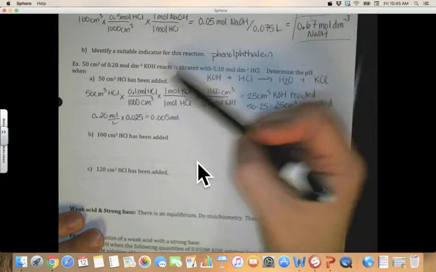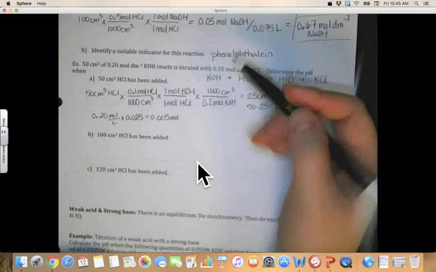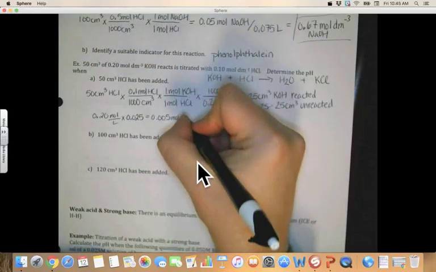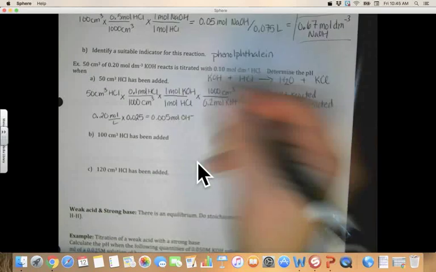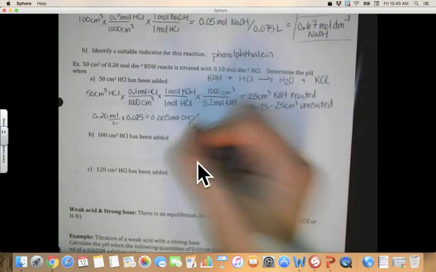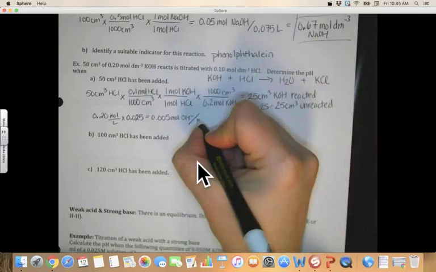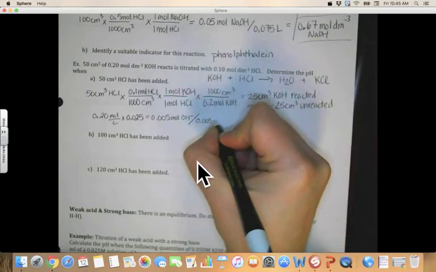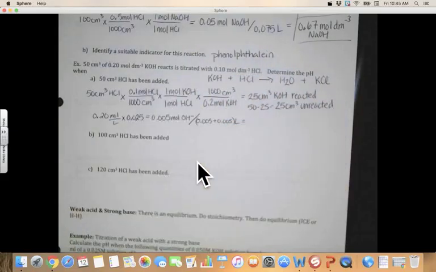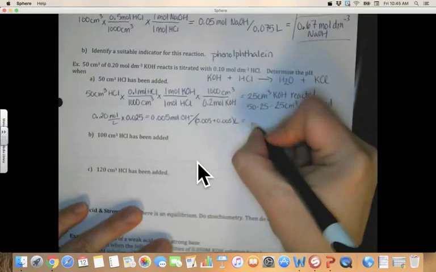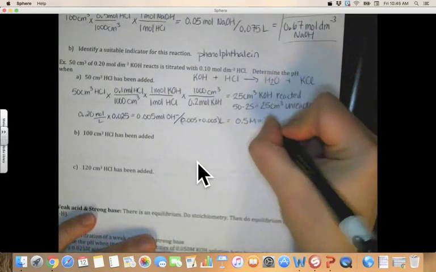Now, since this is a strong base and it's got 1 hydroxide per formula unit, that's also 0.005 moles of hydroxide. That's what we're really worried about here. And our total volume of the solution is currently 50 and 50, so 0.05 plus 0.05 liters. So I'm going to divide that by 0.1. 0.05 molar. Okay, so this is the hydroxide concentration.